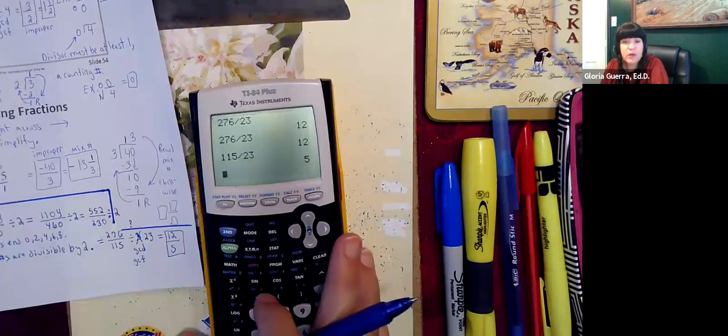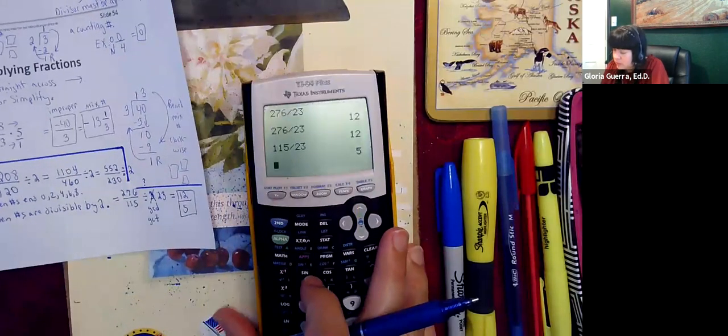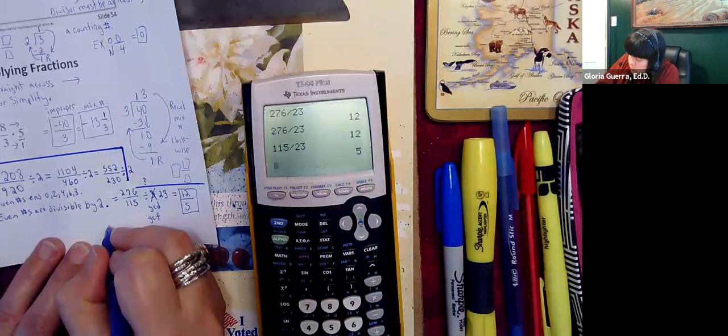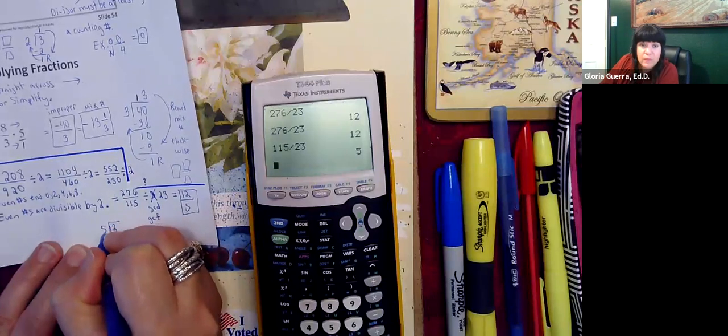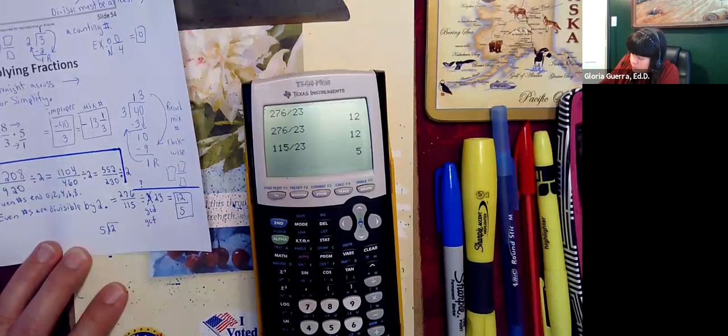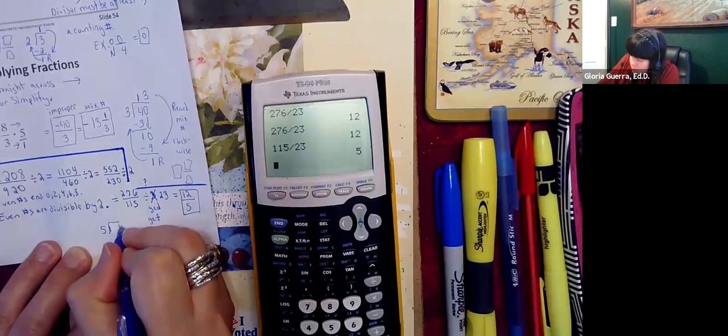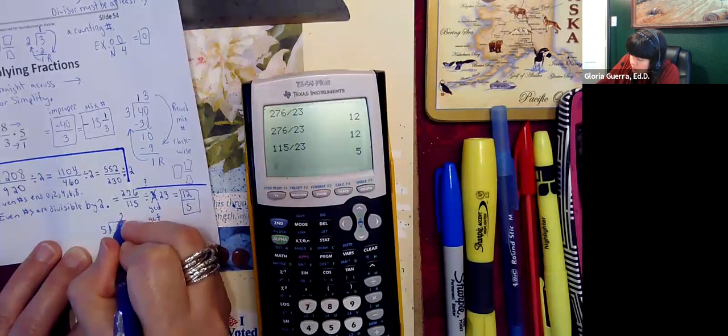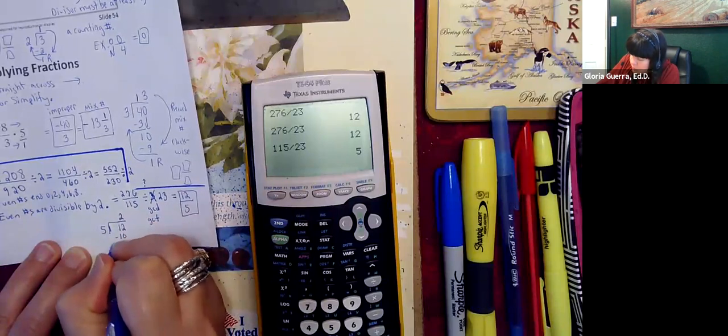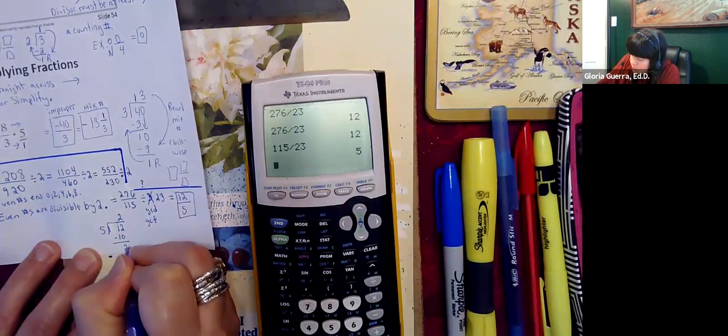That's 12 over 5. But you can make that into a mixed number. If you do 12 divided by 5, 5 goes into 12 twice. 5 times 2 is 10. 12 minus 10 is 2 remainder.